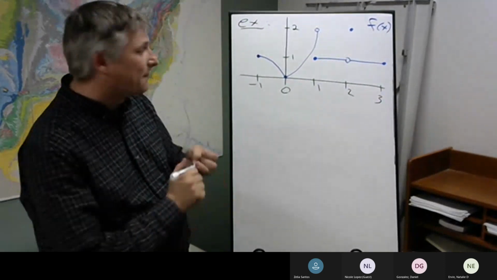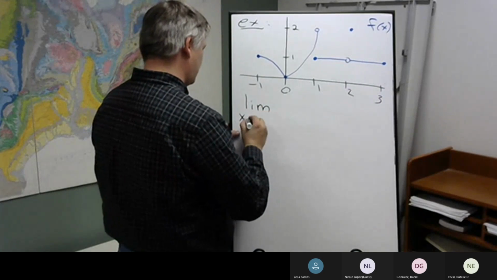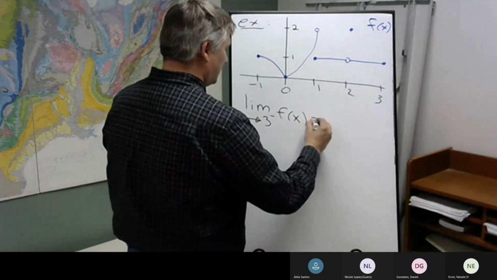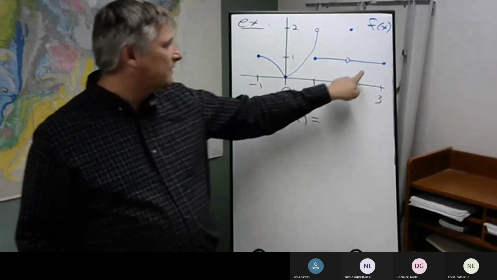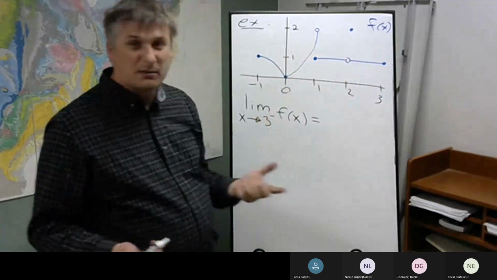So for x of 3. Now in this case, if we approach from the left of 3, we're at an f of x value of, again, about 1.